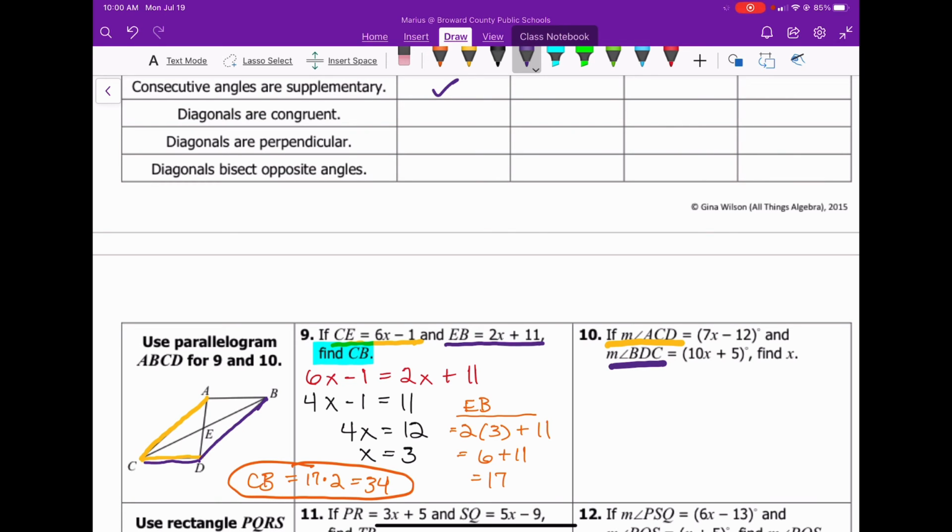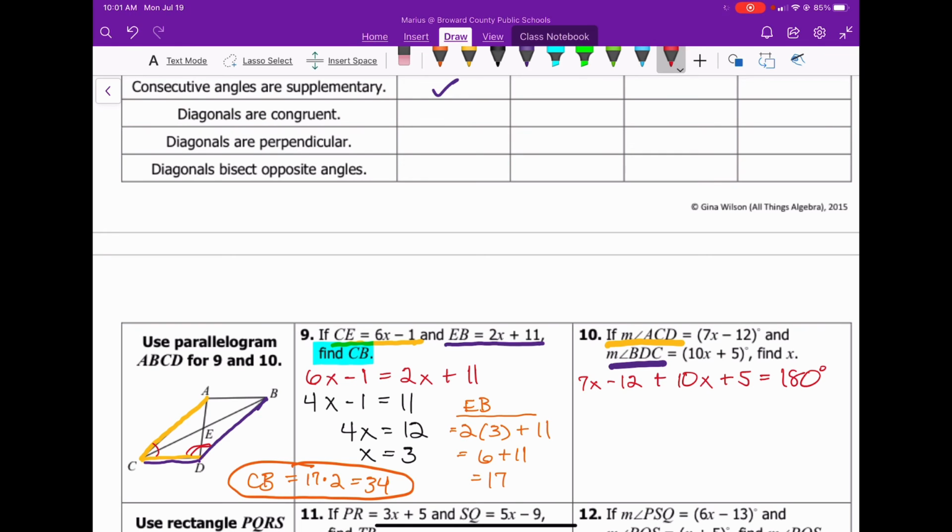It's a little better. All right, so we're looking at two consecutive angles, which means that those two angles are going to add to equal 180. So we can write our equation to say 7x minus 12 plus 10x plus 5 equals 180 degrees.